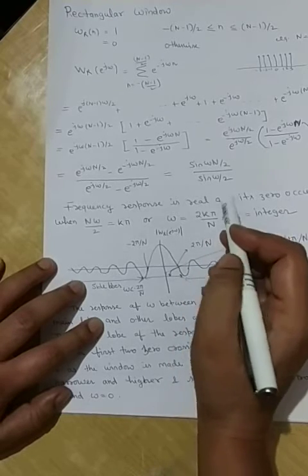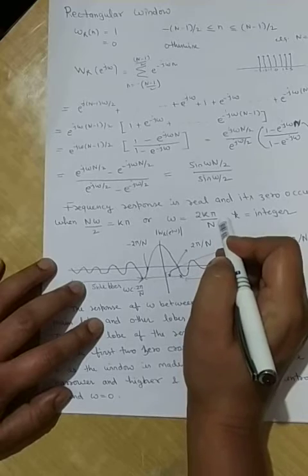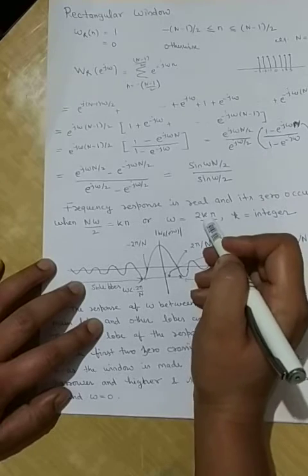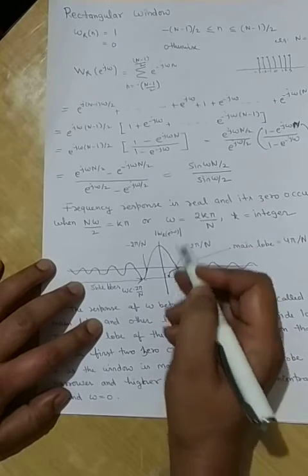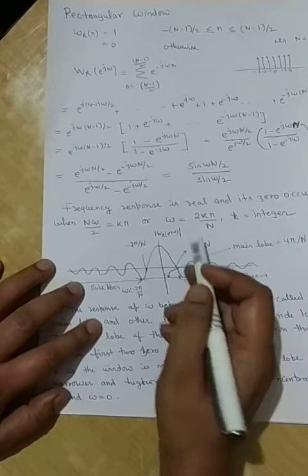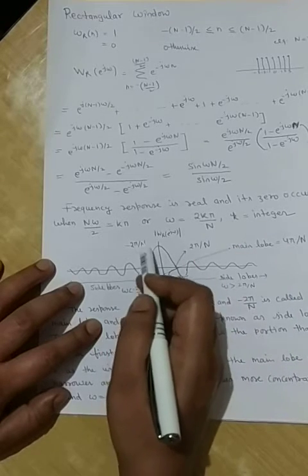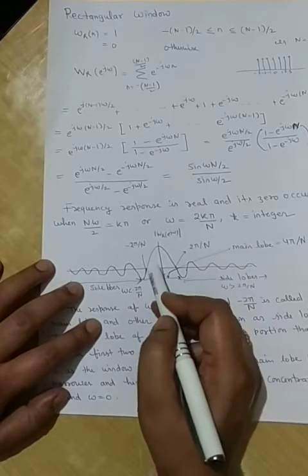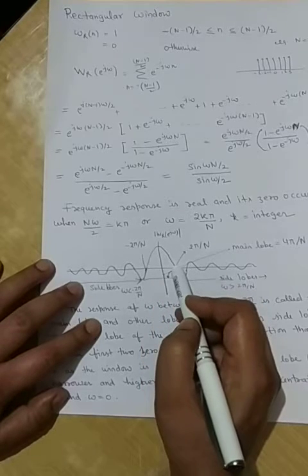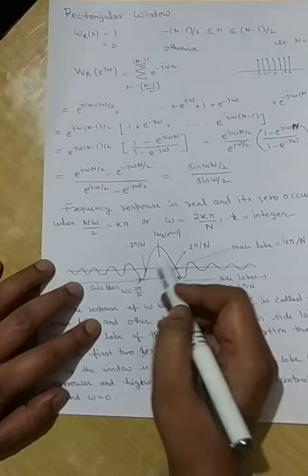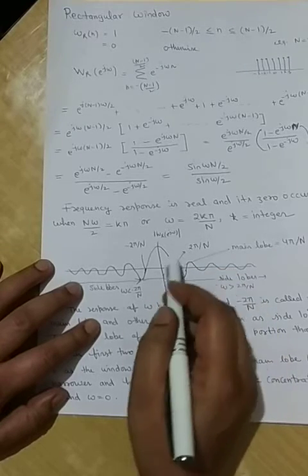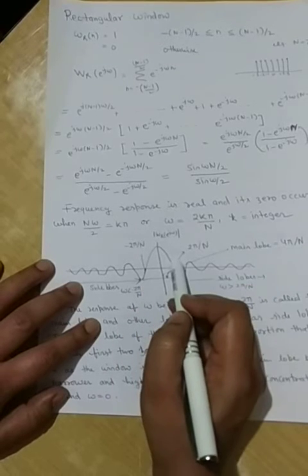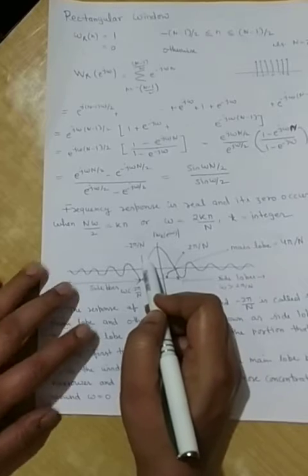The first digital frequency at which the response of the function becomes 0 is found by putting k equal to 1, so the first value of the frequency where this response is 0 is 2 pi by N. Similarly, for the negative frequency it will be -2 pi by N. This whole envelope is termed the main lobe, where most of the energy of the window is retained because of the high amplitude of the main lobe, and the width of this main lobe will be 4 pi by N, because 2 pi by N on this side and 2 pi by N on this side.